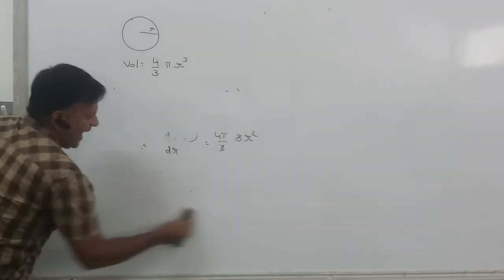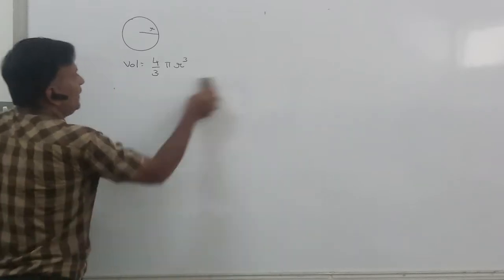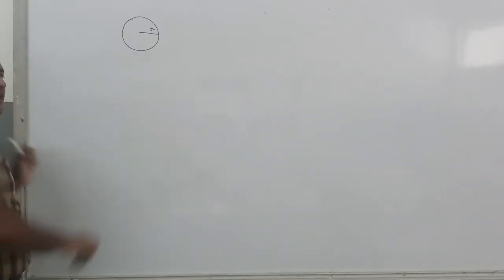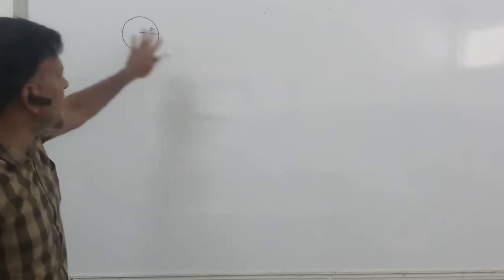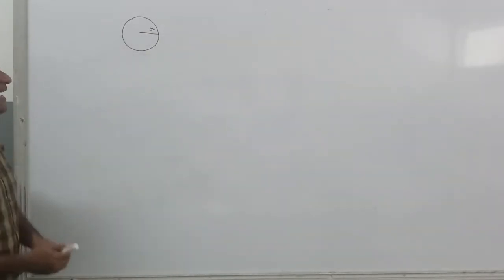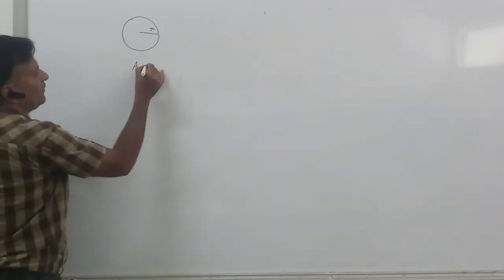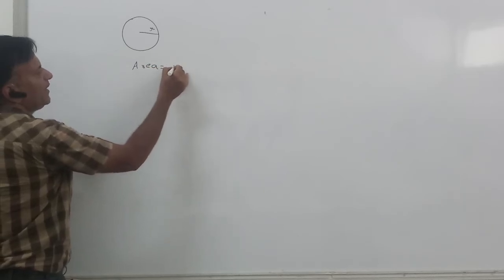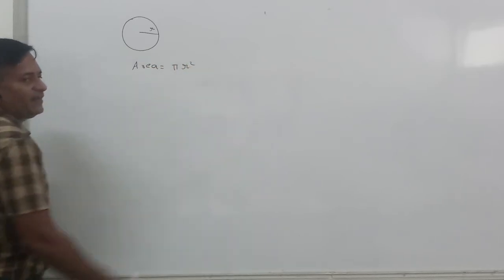Now suppose I have a circle. This is not a sphere now. This is a circle, and the area of a circle is pi r square.